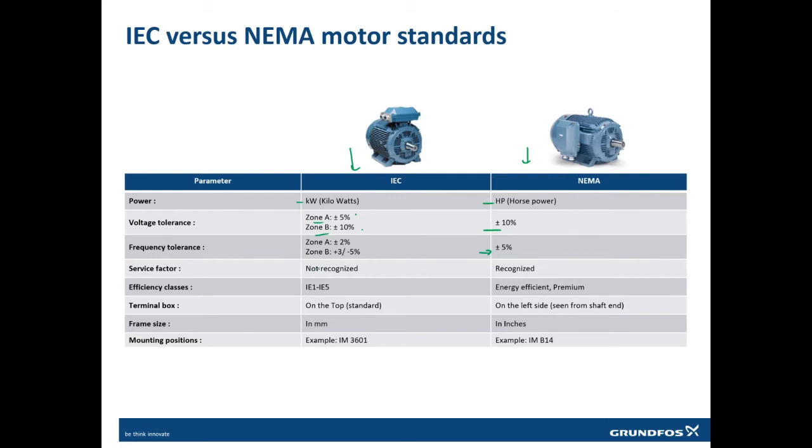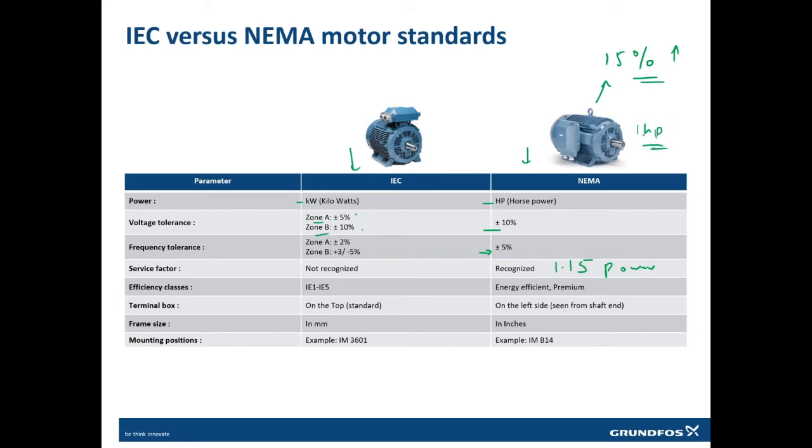Service factor is not defined in IEC. That means service factor says that every NEMA motor should be able to give 1.15 times more power than defined. That means every NEMA motor is by default 15% higher or 15% bigger than the kilowatt. For example, if it is saying 1 horsepower on the motor nameplate, it is 15% bigger than 1 horsepower.